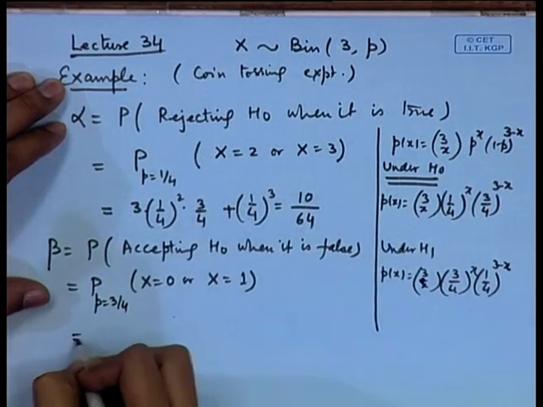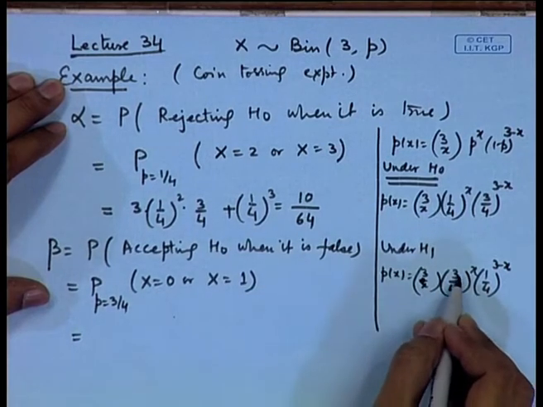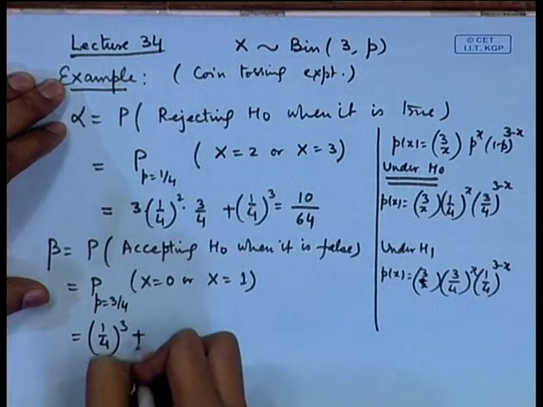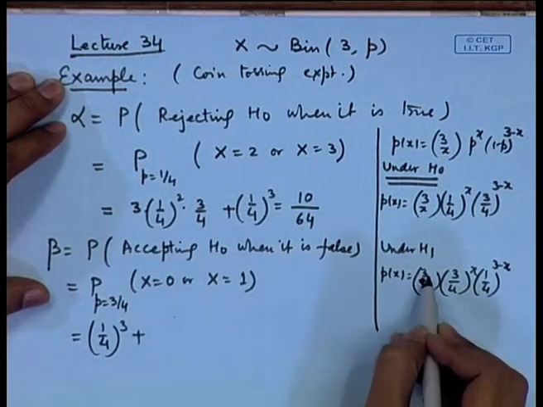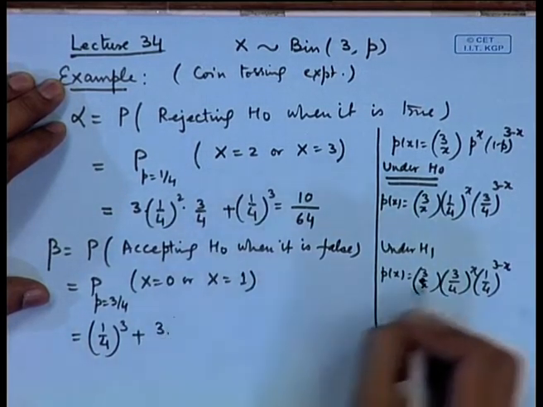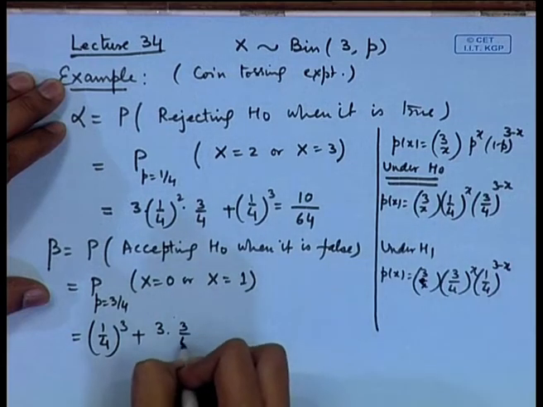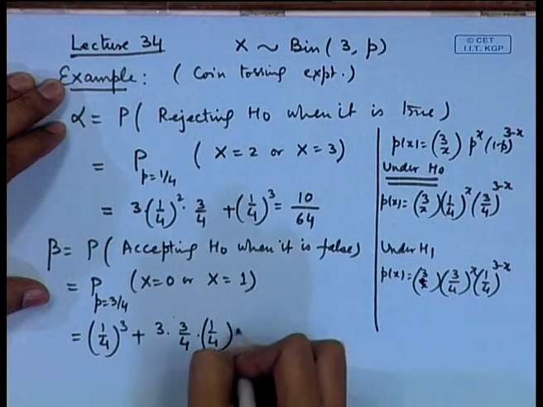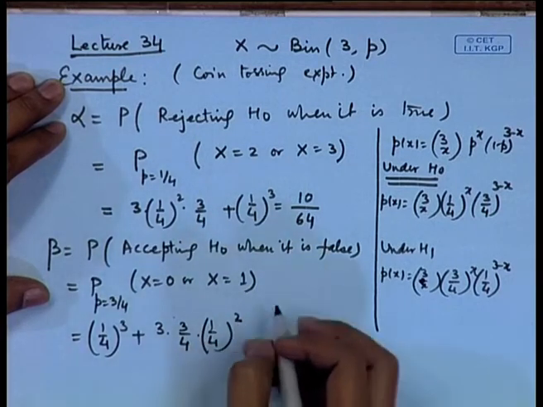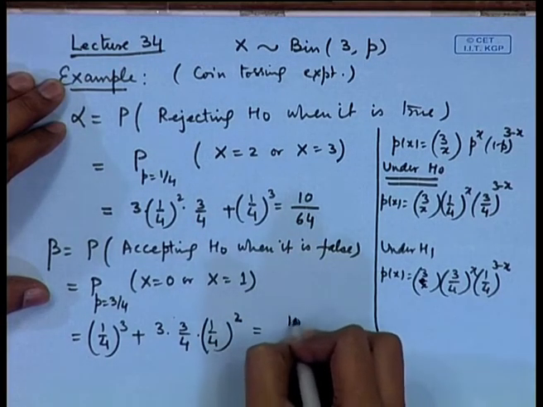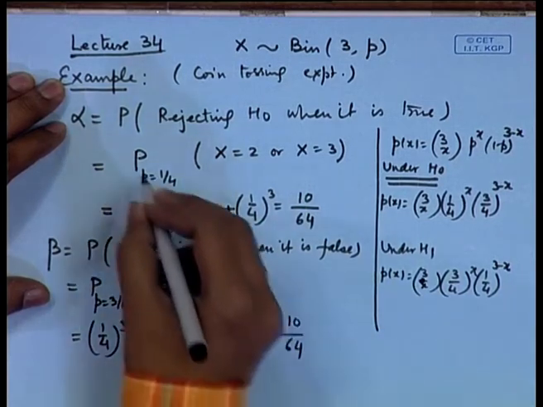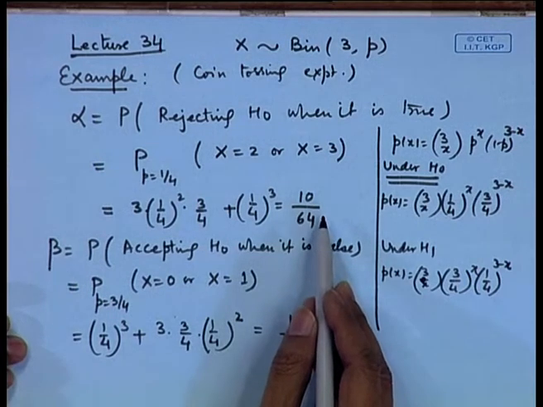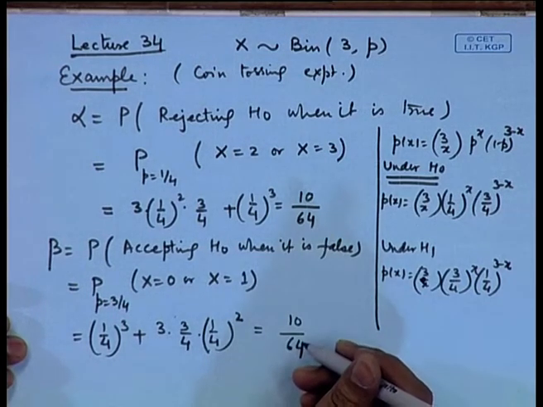So, when x is equal to 0, this value is simply 1 by 4 cube, plus when x equal to 1 it is 3 into 3 by 4 into 1 by 4 square. So, that is equal to 10 by 64.